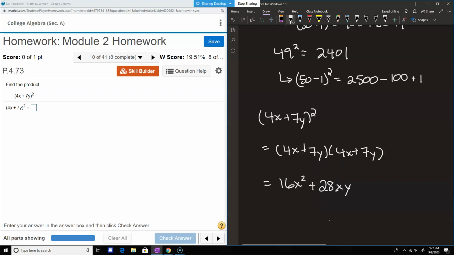And then my next two, 4x times 7y is plus 28xy. And then 7y times 7y is 49y squared. So I get my final answer of 16x squared plus 56xy plus 49y squared. And that's that.